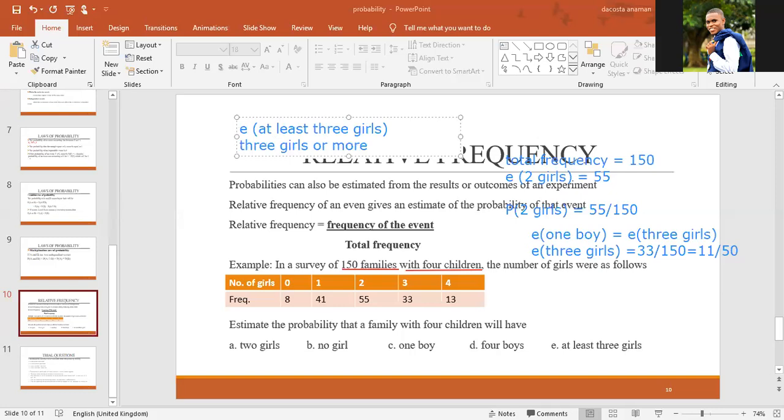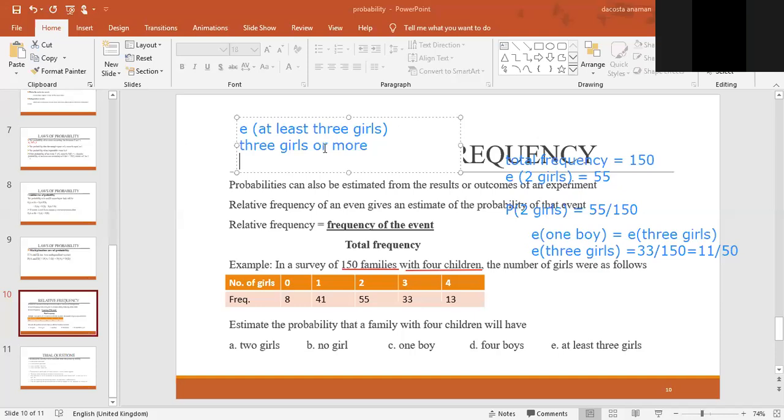So the list is that the family should have 3 girls or more. That's the list. At least 3 girls. Therefore, we are going to play with this one.